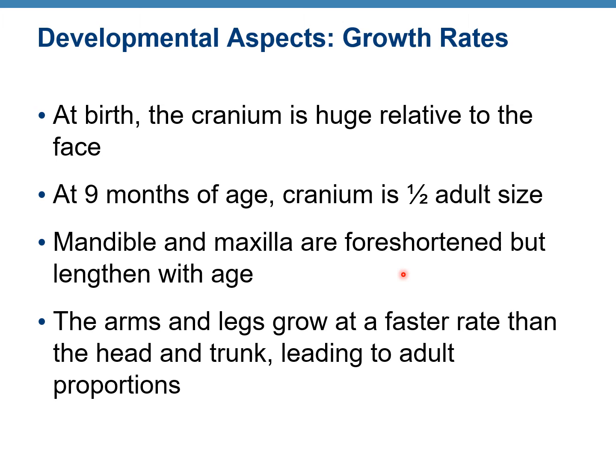When a baby is just born, they wouldn't even be able to scratch the very top of their head, because they cannot reach it. That's how big their cranium is and how much shorter their arms and legs are compared to adult proportions, but then arms and legs grow faster.